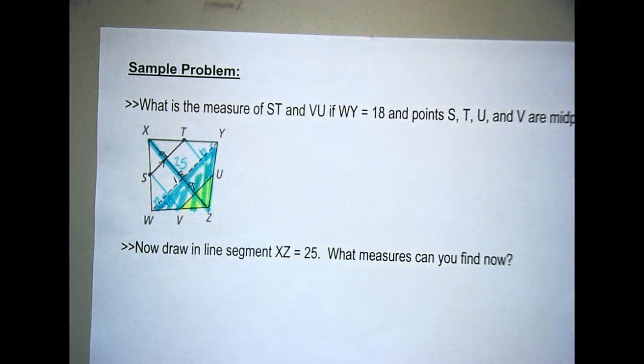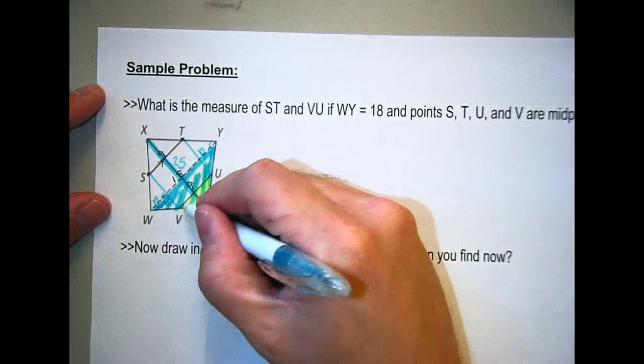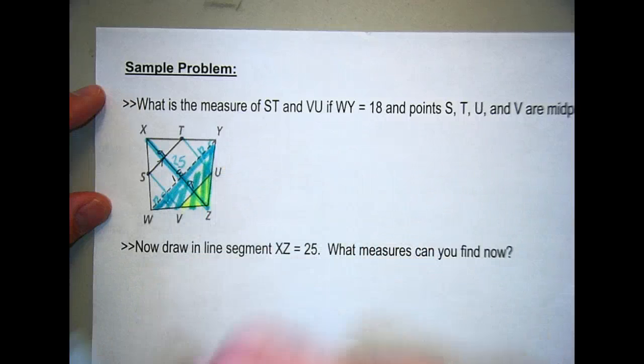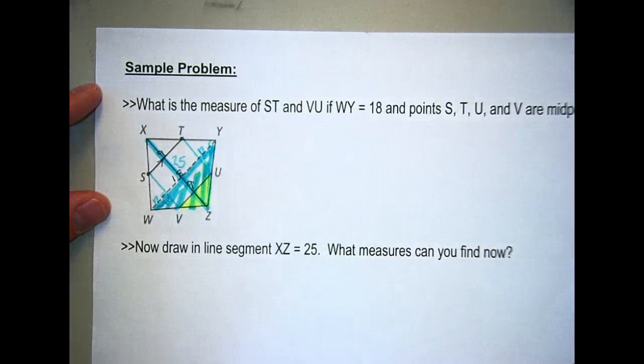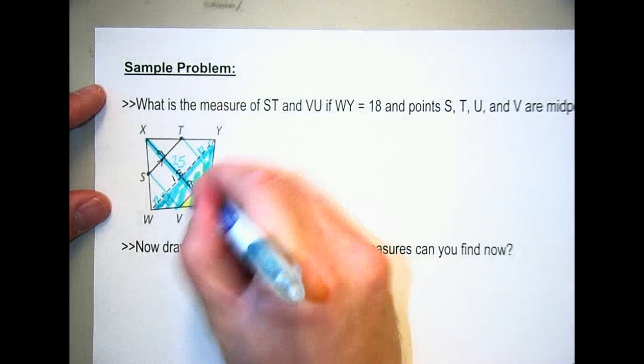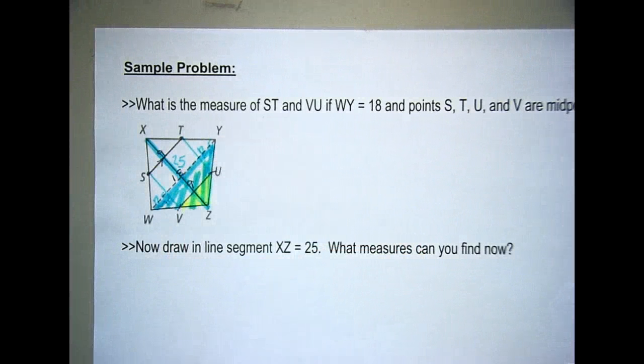Say half. Everyone agree that's half? Yeah. Why is it half? Why is the perimeter of the yellow half of the perimeter of the, is it blue? Yeah. But UY is half of YW. Good. These are all midpoints, so all the sides are half the length, right? All right, just so we know. That'll help you with today's.